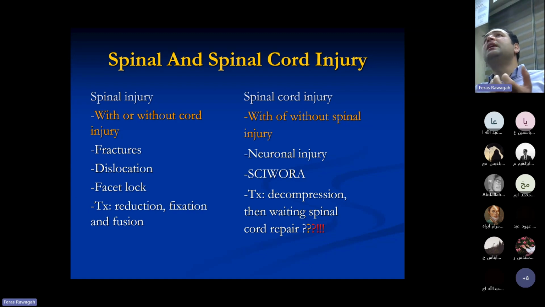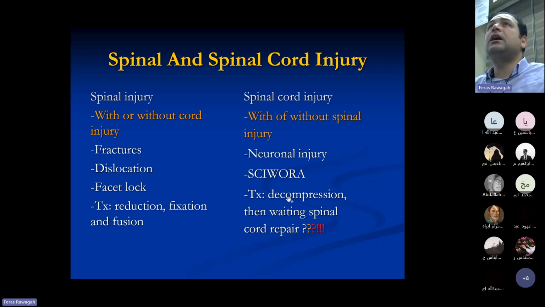Due to this flexion, the spinal cord is compressed or contused. The spine, because it's elastic, will come back to its original position without any fracture. So this will result in SCIWORA, which is called spinal cord injury without radiological abnormality. So this is spinal cord injury without spinal injury. Another example, for example, is the central cord syndrome.